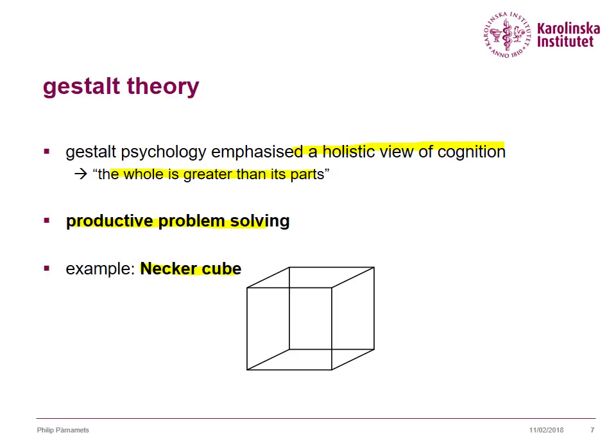So right there, the whole image, the percept that we're having, is greater than the two-dimensional parts in a sense. But also what is very special about the Necker cube is that it is what we sometimes call a bistable image. And by bistable, we mean that we can usually see the Necker cube as being a cube where this bit here is to the front, and this bit here is the back of the cube.